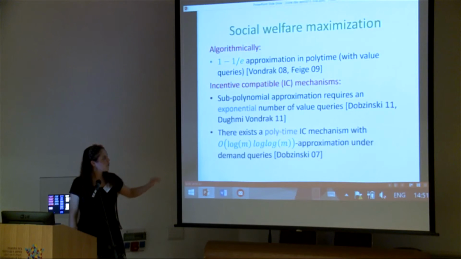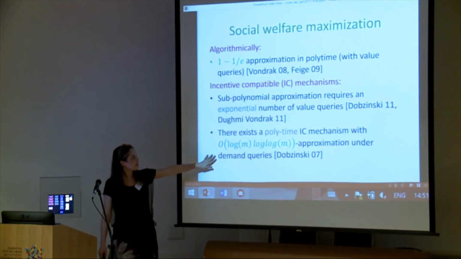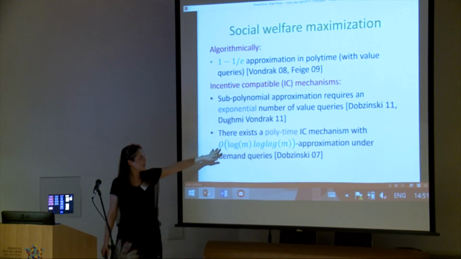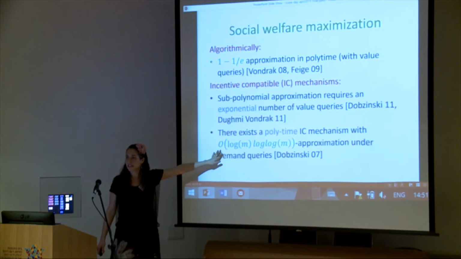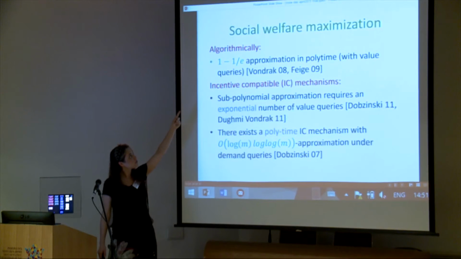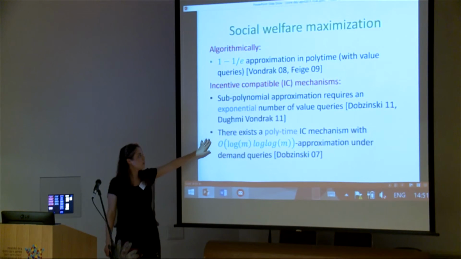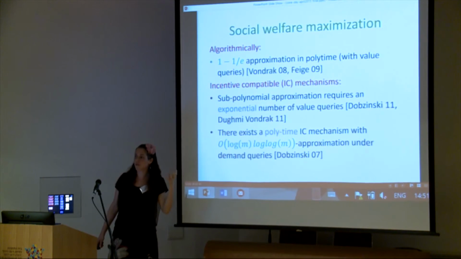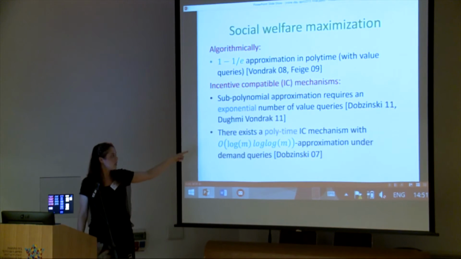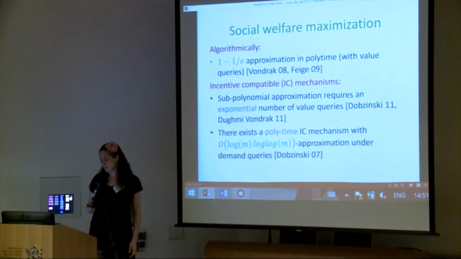And under demand queries, we can get essentially a logarithmic approximation. But realize that we have a gap here, because from the algorithmic perspective, we can get constant approximation. When we want to impose this economic property of incentive compatibility, we have a log approximation.